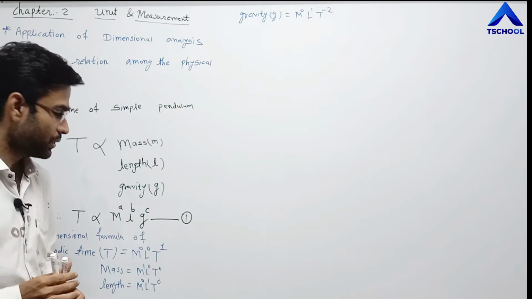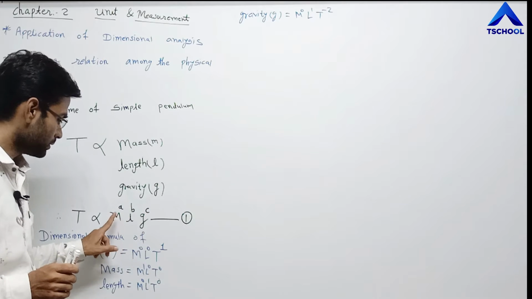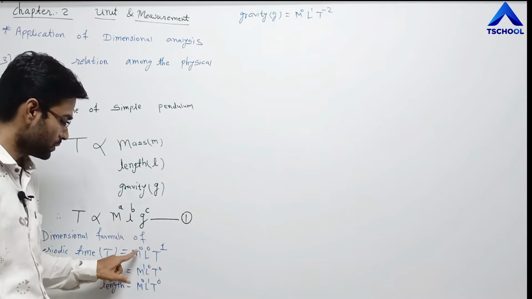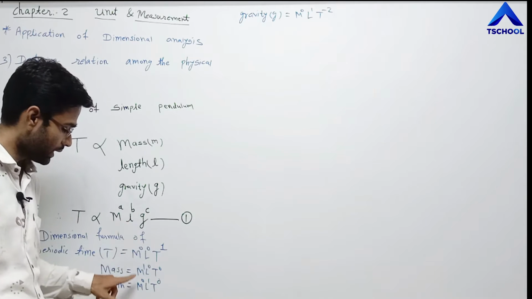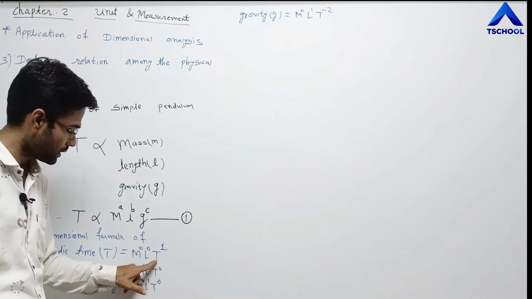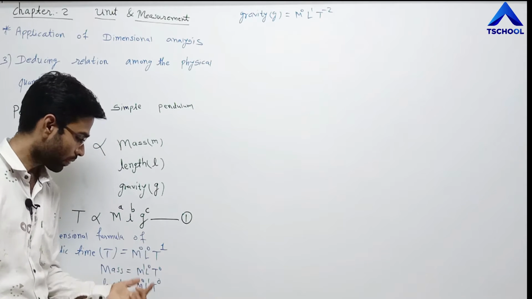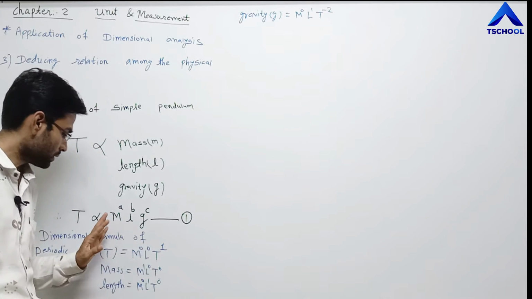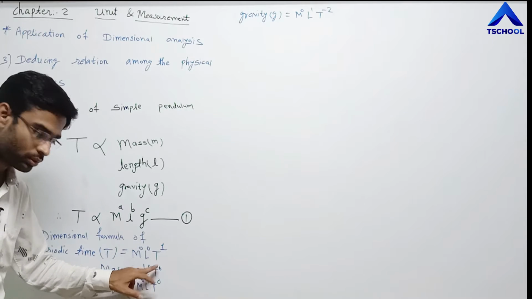Now substitute those dimensional formulas in equation number 1. Instead of m we can write m1 l0 t0.